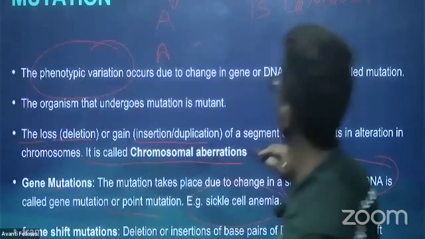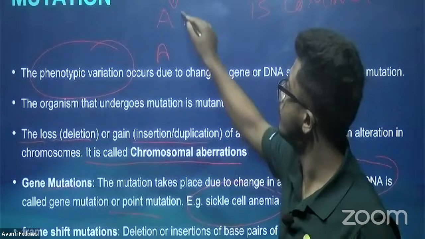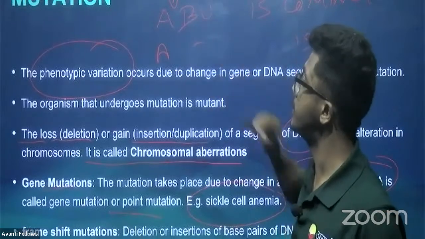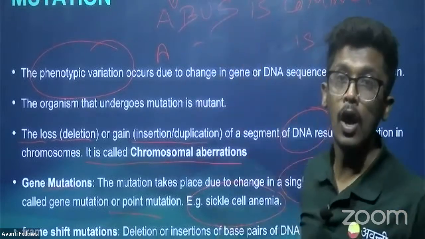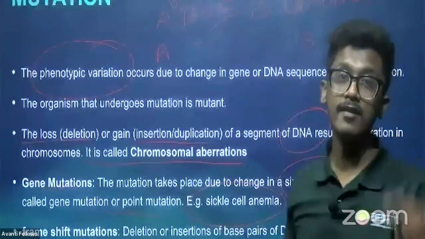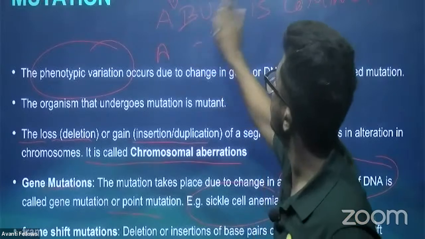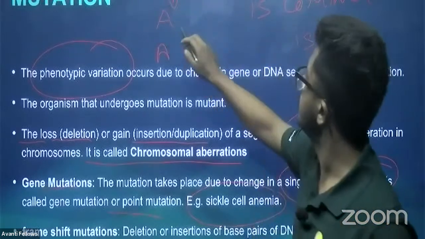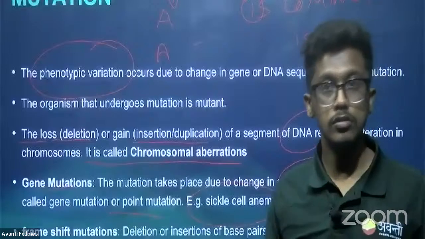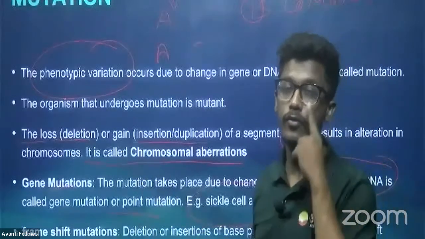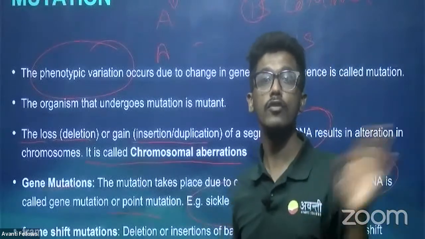It means that after A, B should be there, after B, U should be there, after U, S should be there, after S, I should be there. This is called the reading frame. Because of the deletion, A became placed beside I. It doesn't make any sense. Even if it makes sense, the phenotypic expression will not be the same.